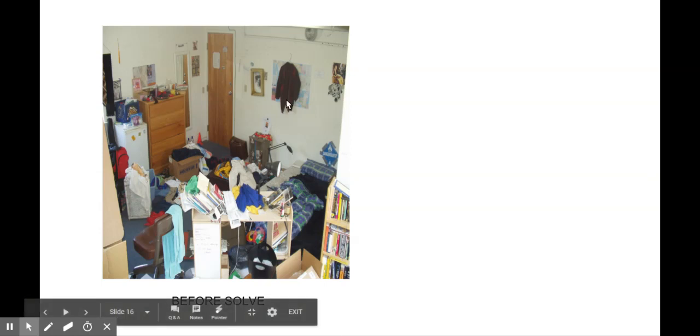I think of a really, really messy room. So when I think of a word problem or a performance task in the Smarter Balanced test, I think of a really cluttered room. There's a lot of junk, a lot of information. Some of it is useful, and a whole bunch of it is not.